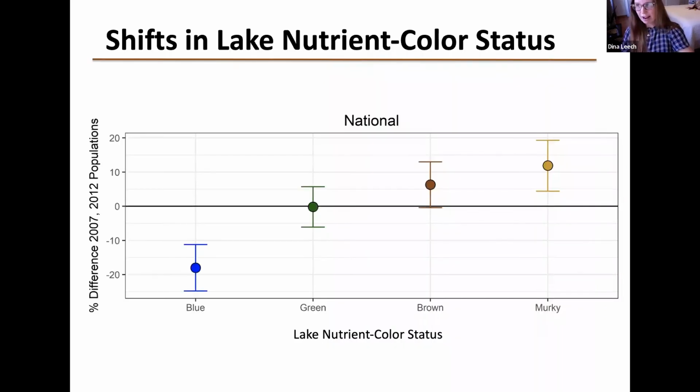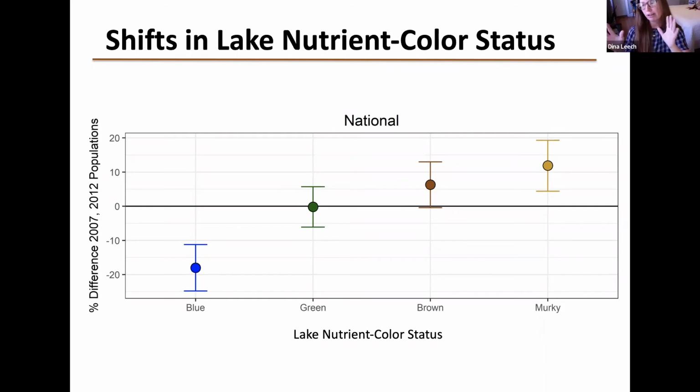So what did we find? Well, the data that I'm presenting here are the differences in lake color that we saw between the 2007 and 2012 data set. So if a point falls on this zero line, like green lakes here, that means that we didn't see any difference in the percentage of green lakes between the 2007 data set and the 2012 data set.